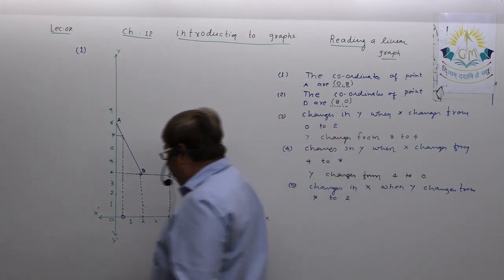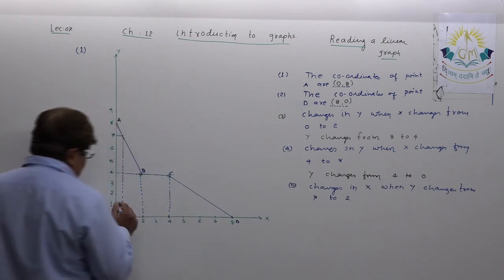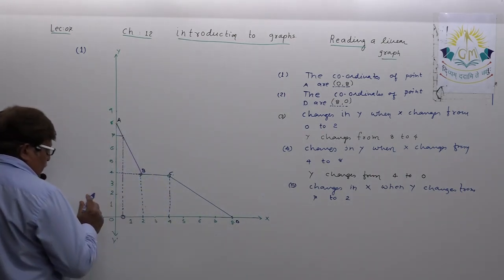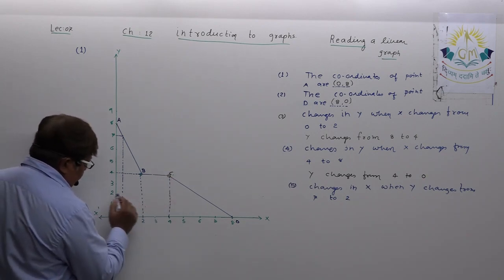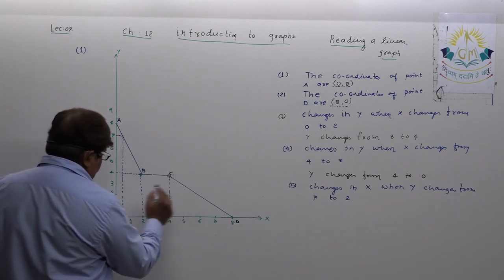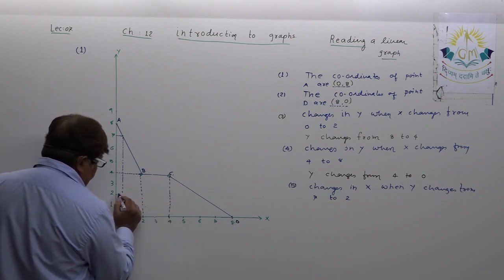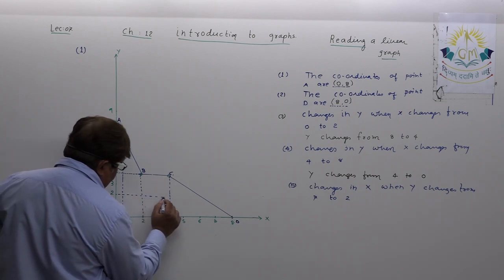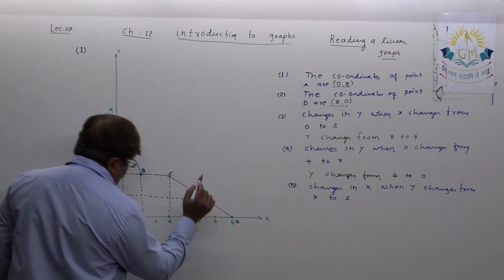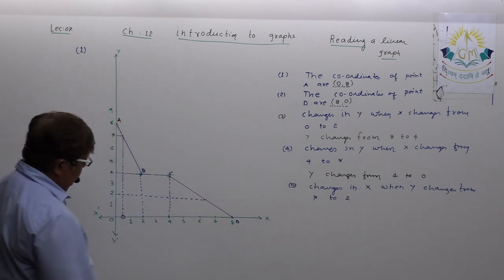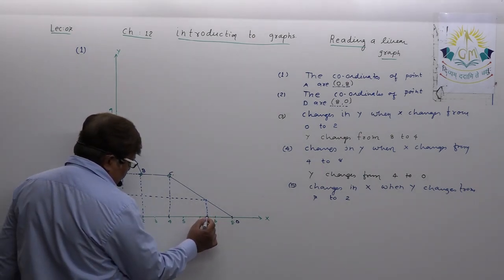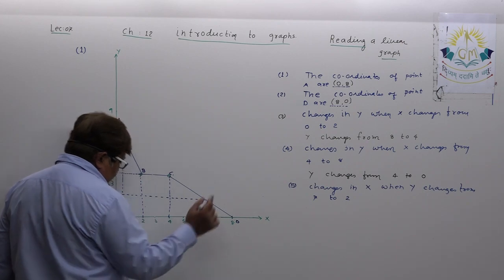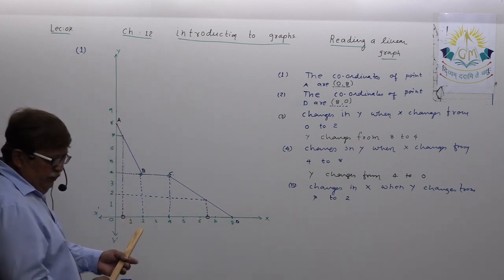Now the next value, that is 2. So what will you first do? First you will draw a straight line from 2 to meet the graph. Okay. Suppose somewhere here. And now the dotted line to take the x coordinate, somewhat 6.5.